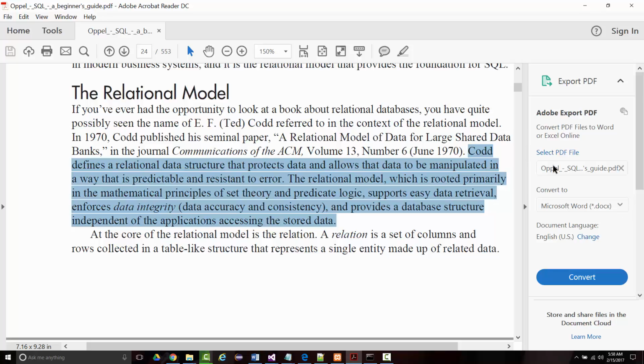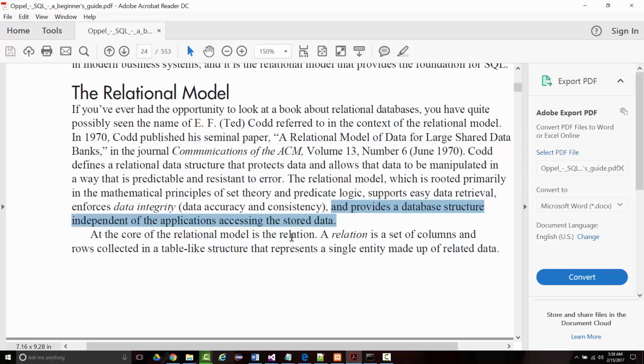So it uses the mathematical principles of set theory and logic, and it supports, here's a key one, easy data retrieval. It enforces data integrity. We're going to have a whole chapter where we get into that. And as mentioned previously, it provides a database structure that is independent of the applications accessing that data.